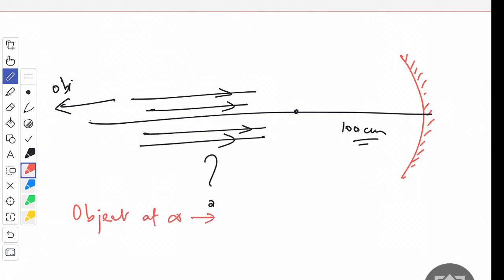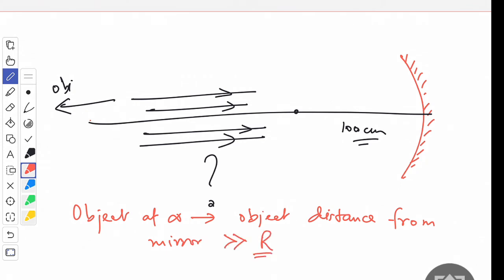It means object distance from mirror is much, much greater than the radius of curvature. That is what it basically means.